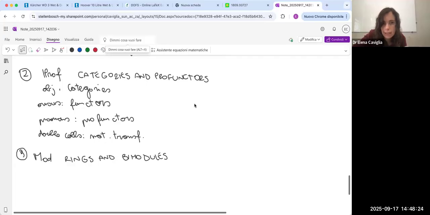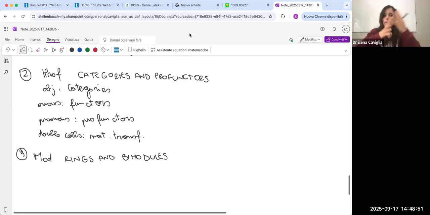Is Cat an object of Cat? So you mean, is the category of categories an object of Cat? That's the question. Technically, no, because Cat is usually the category of small categories. And Cat is not a small category.